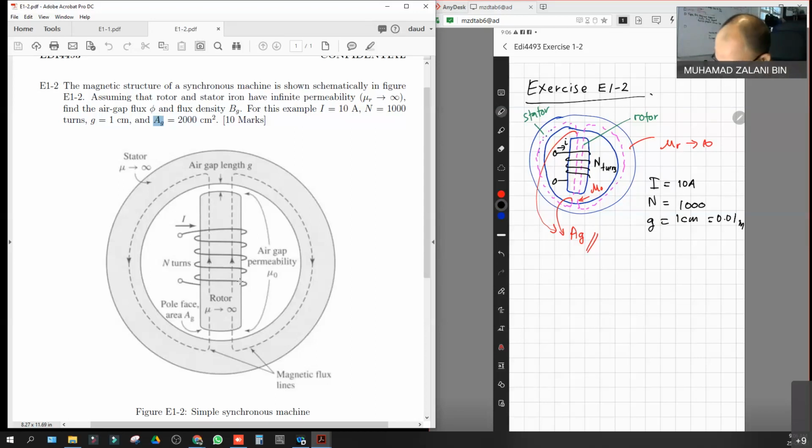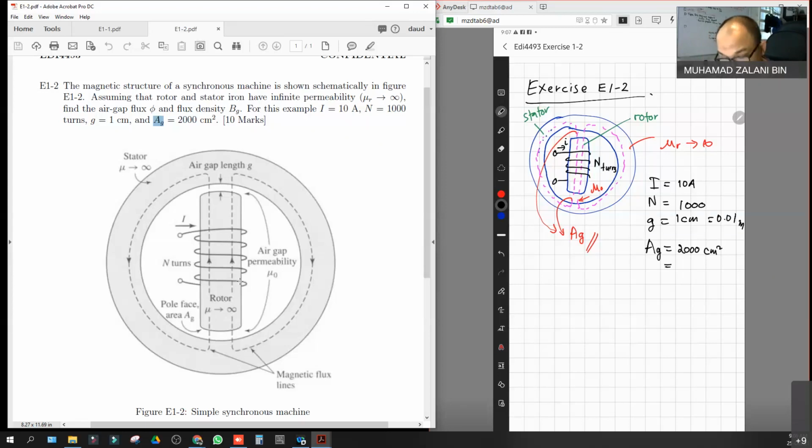And then AG, the surface area of the air gap, is given as 2000 cm square. So I just shortcut it.